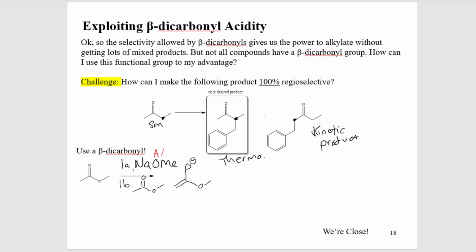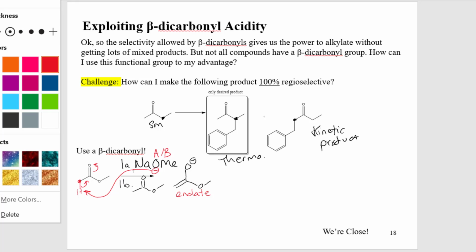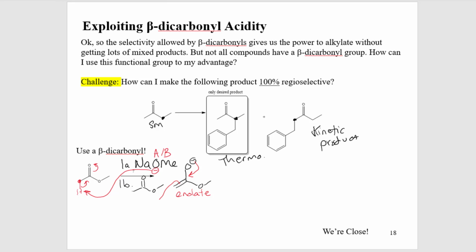So acid-base chemistry, the alpha hydrogen gets removed to form the enolate. The enolate collapses and does a 1,2 addition. We're driving the carbon on.